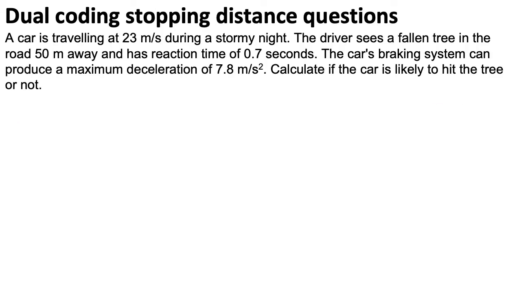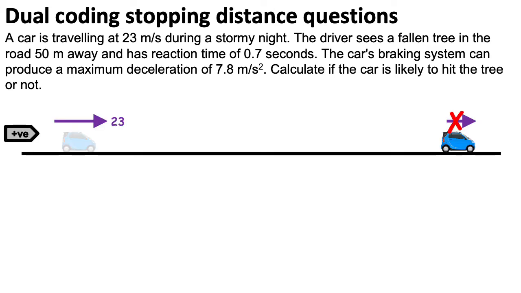Now let's look at how we can apply this dual coding method to helping students' understanding of stopping distance questions. So the motion of the car can be split into 2 phases. Part where it's traveling at a constant velocity, another part where it's slowing down.